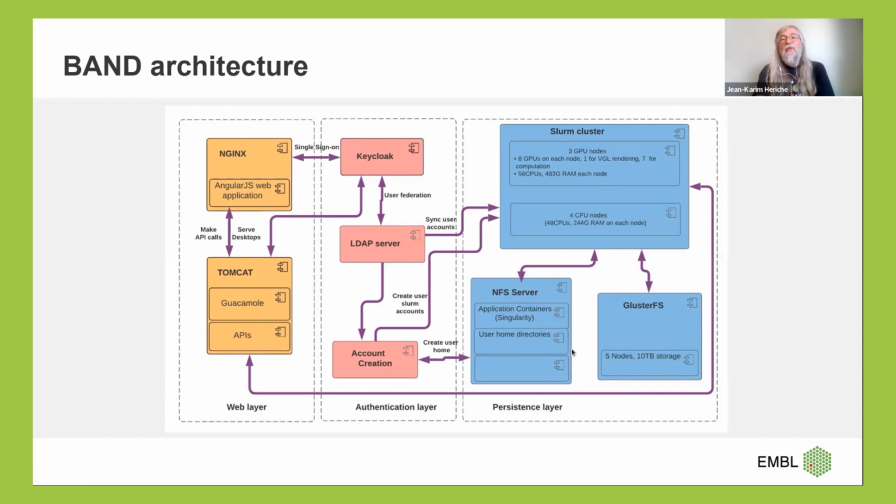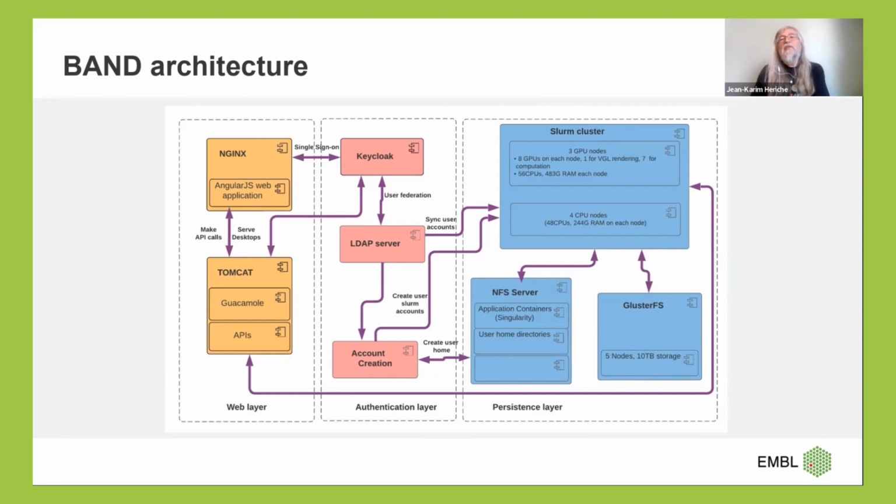Our cluster at the moment consists of 3 large GPU nodes. Each node has 8 GPUs, and the way we've configured it is that we keep one GPU for virtual GL, that is hardware graphics rendering, and 7 are dedicated to computation.